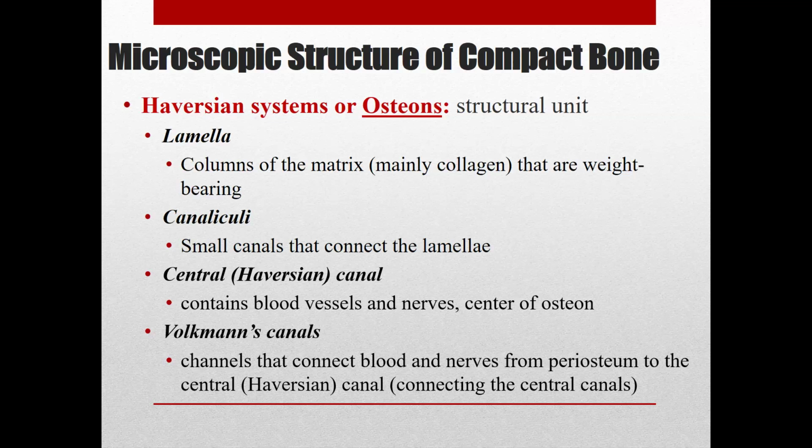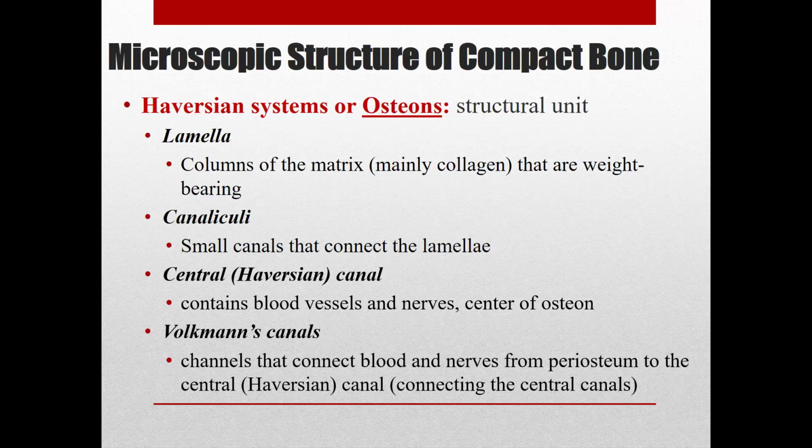So if you have a test question about the Volkmann, what's the Volkmann do? It connects one osteon to another. One central canal to another, you could say. What does the canaliculus do? It connects each lamella to each other. And the central canal provides all the nutrition for that one osteon.